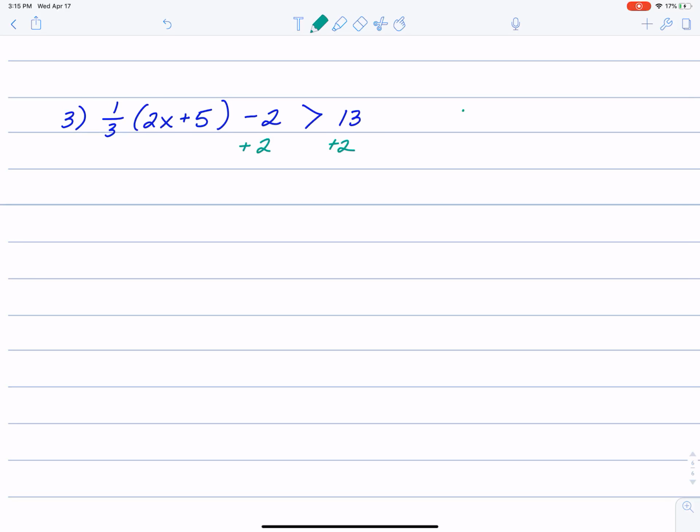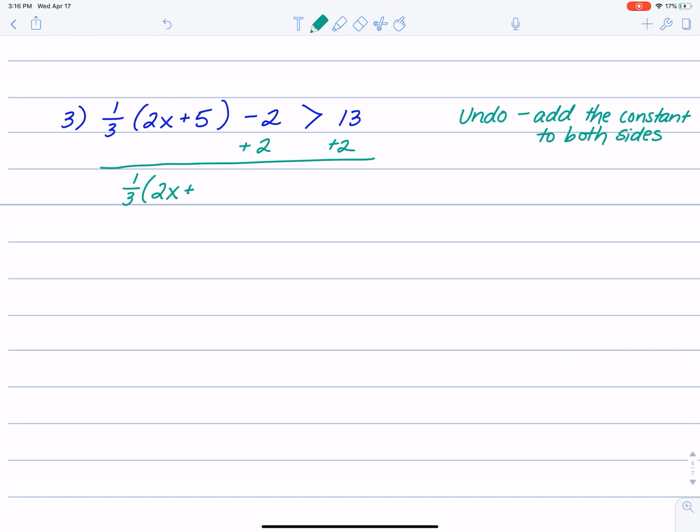This would be an undo step. Undo, add the constant to both sides. It's going to leave us with 1/3 times 2x plus 5 is greater than 15.